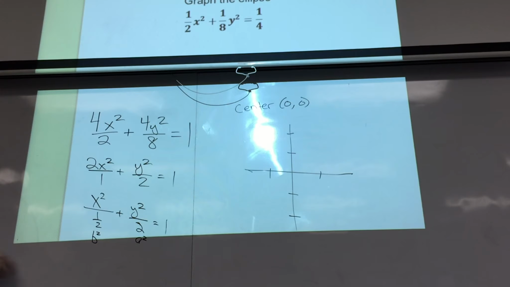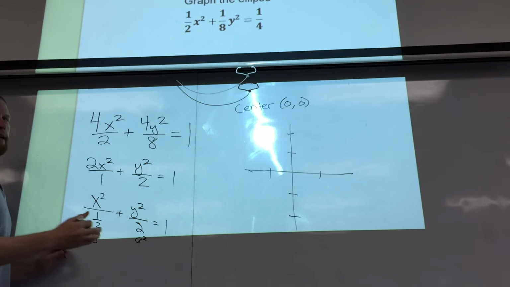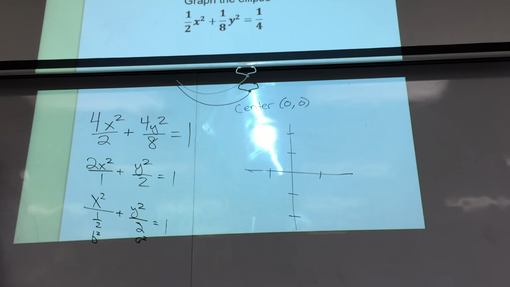All right, so now here's the thing. For me to get the values I need for graphing, really all I need is a major axis and minor axis. So my vertices, and then just how far I need to go on the horizontal. If a squared is 2, that means a is the square root of 2. If I actually need you to graph it, you need to make this a decimal so you can put it in the right spot.